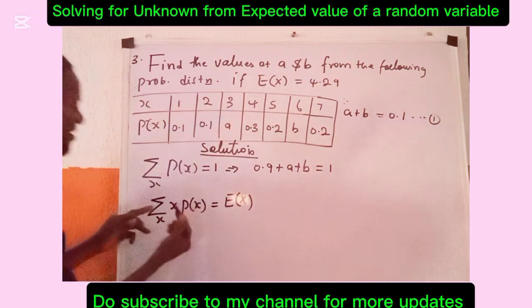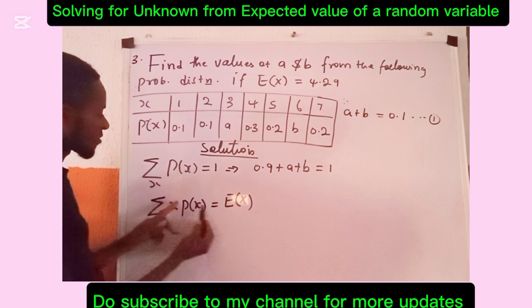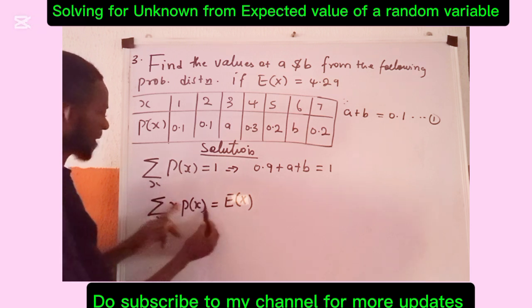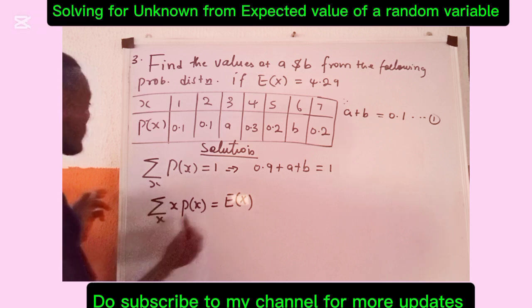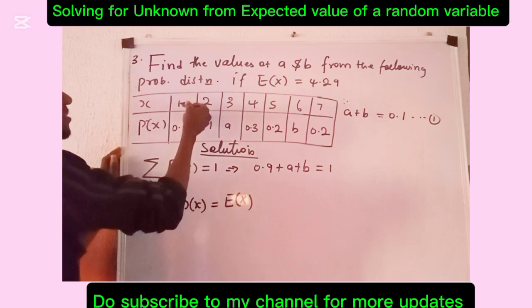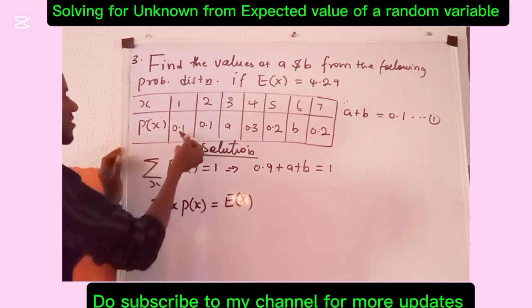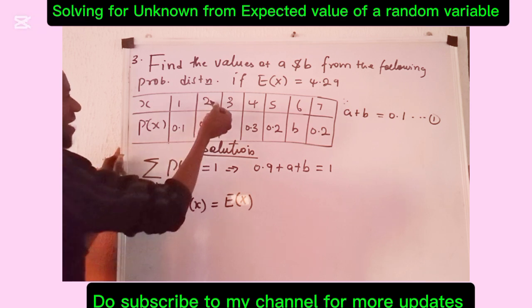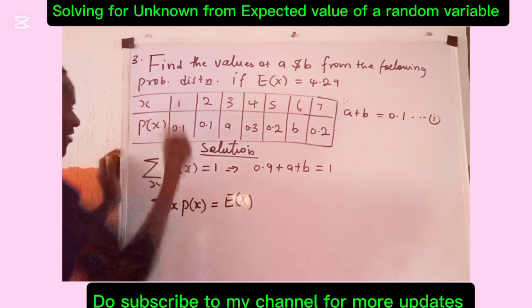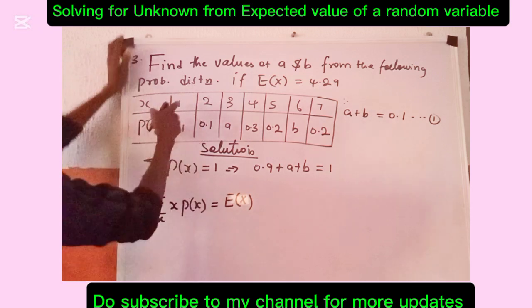This means you use the value of x to multiply the probability, plus. Use the value of x to multiply the probability, plus. Because this sum is actually the plus I am saying. So the value of the random variable is 1 here, its probability is 0.1. The value here is 2, its probability is this. So I'm now going to have another equation.